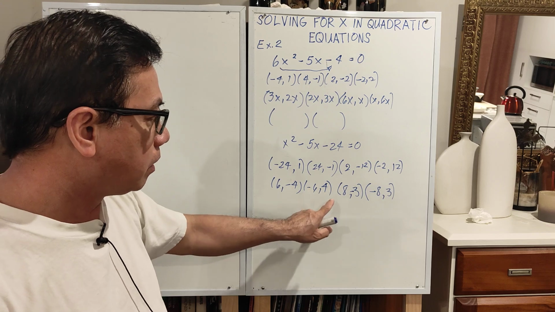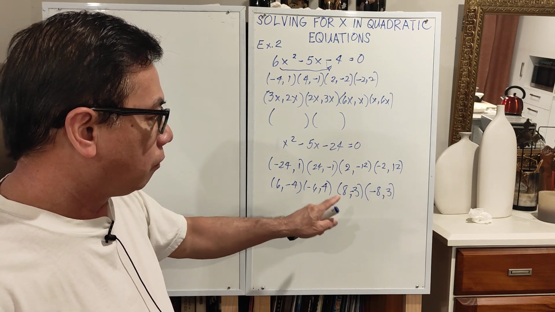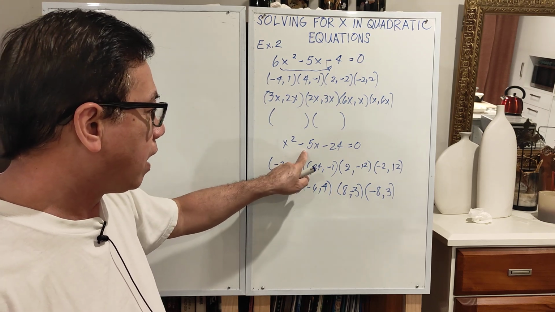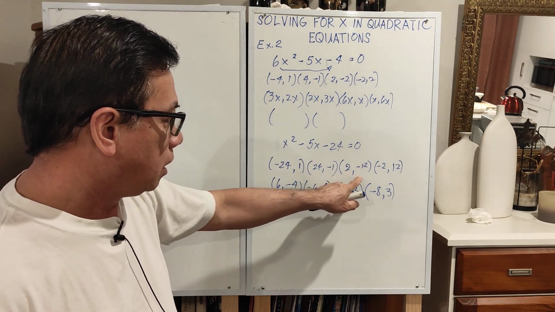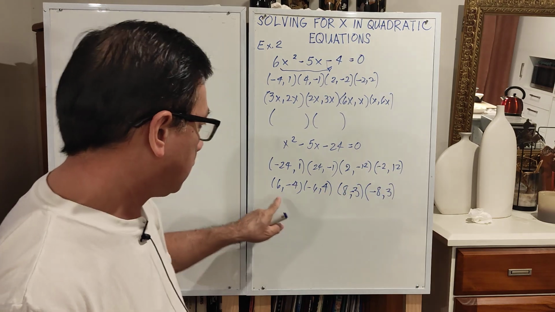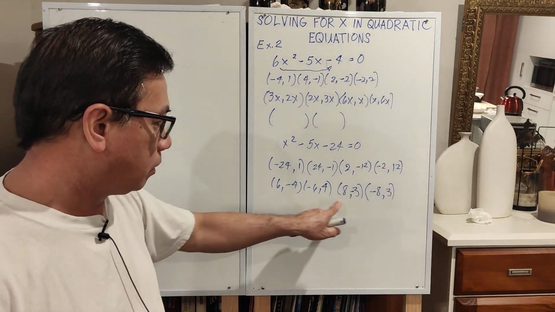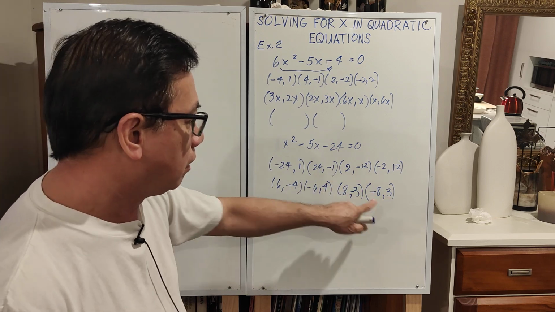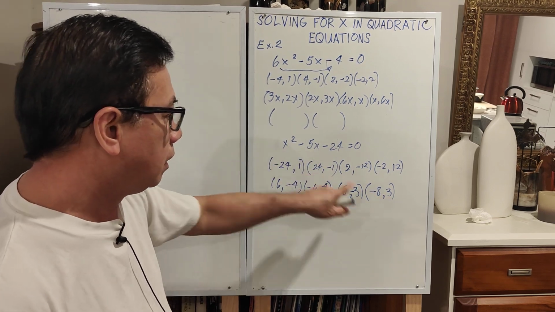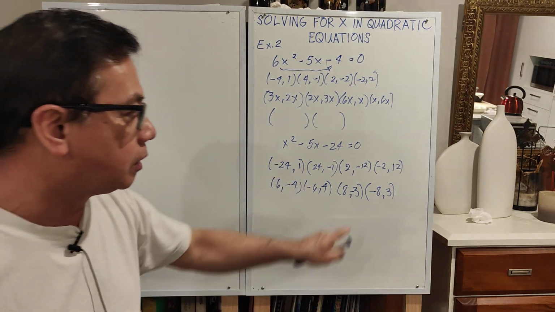But which of these numbers, when you add, will be equal to -5? So this is -23, this is +23, -10, +10, +2, -2, +5, -5. So this pair of numbers will be, when you add them, -5. So this is what we need.